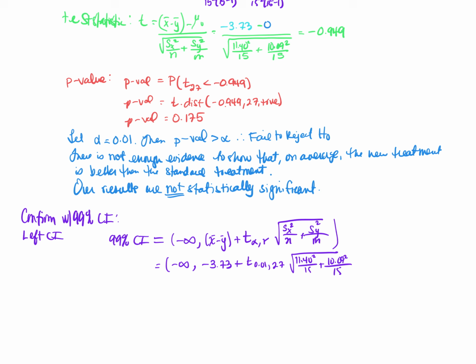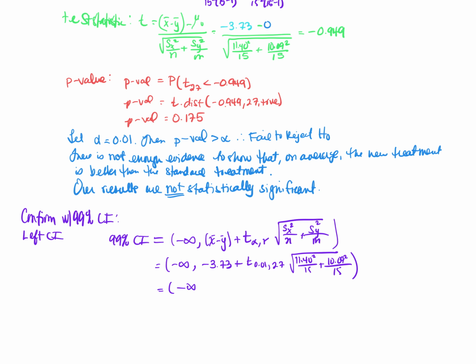What we need to do is figure out what t sub alpha comma nu is. Well, remember we're going to do a T.DIST or T.INV. You have to figure out what it is you need. We've talked about it so much, I want you to try it on your own.